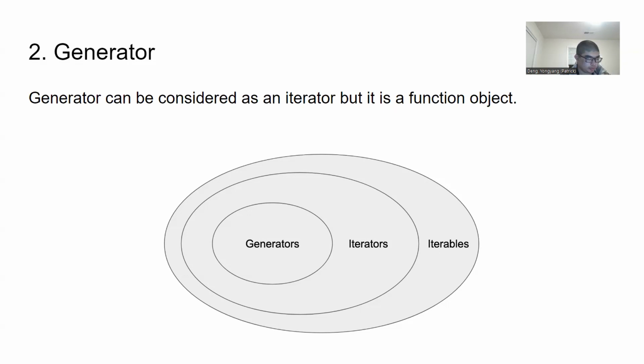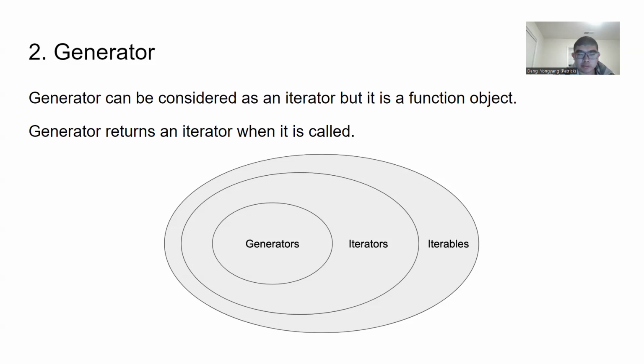So let's see. Okay, it returns the iterator. That's why it works as an iterator: it returns the iterator when the function gets called.